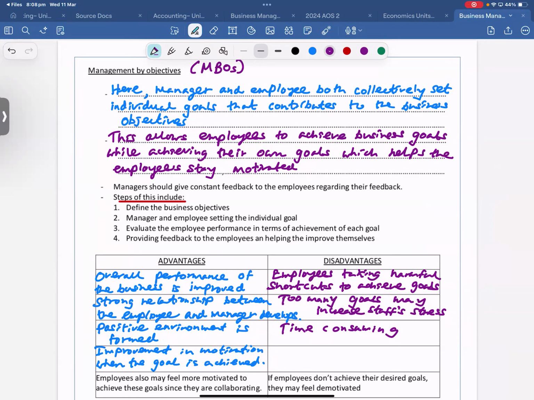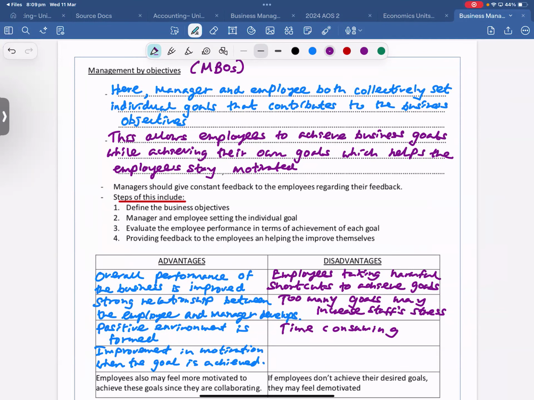So we define the objectives, and manager and employees set the goals. Then at the end of the period, performance is evaluated in terms of achieving goals, and the manager provides feedback to the employee so that in the future the employee can improve performance.